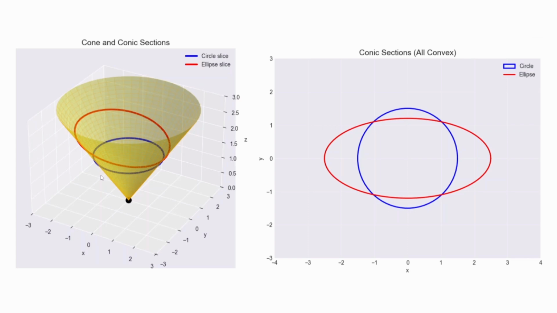If the wall is straight relative to the pinhole, we get the blue slice, which is the circle. And if it's tilted, we get an ellipsoid. So we can understand circles, ellipses, parabolas, and even hyperbolas in the general form just from studying a cone. Plus, since the cone is convex, every possible slice of that cone is also convex.